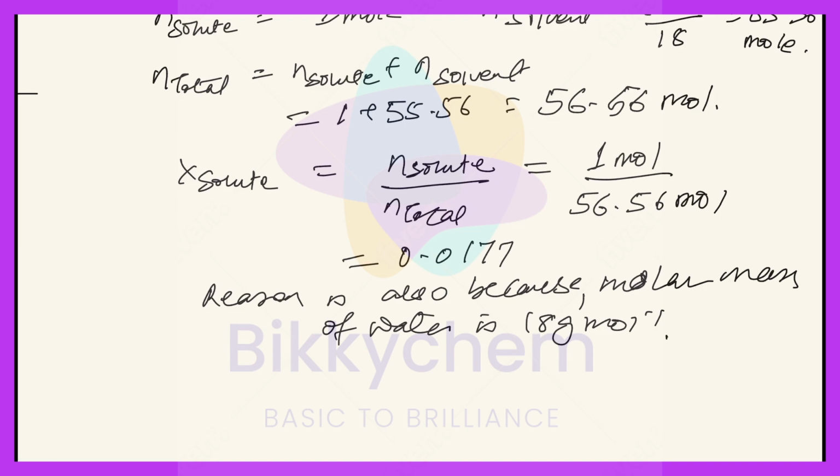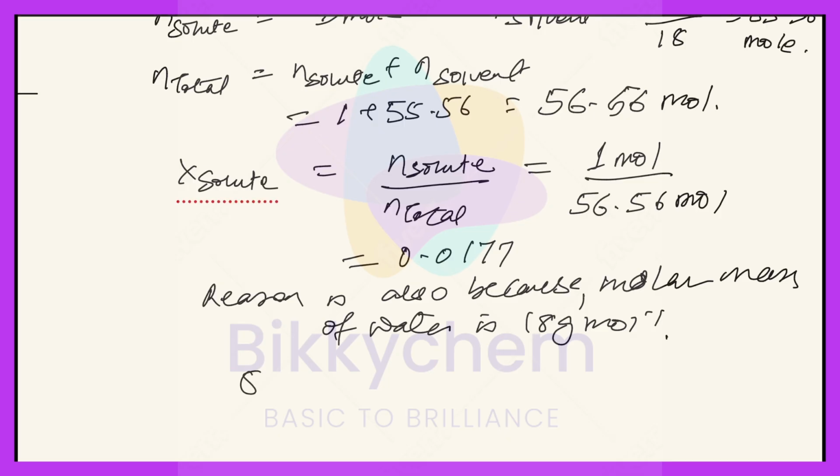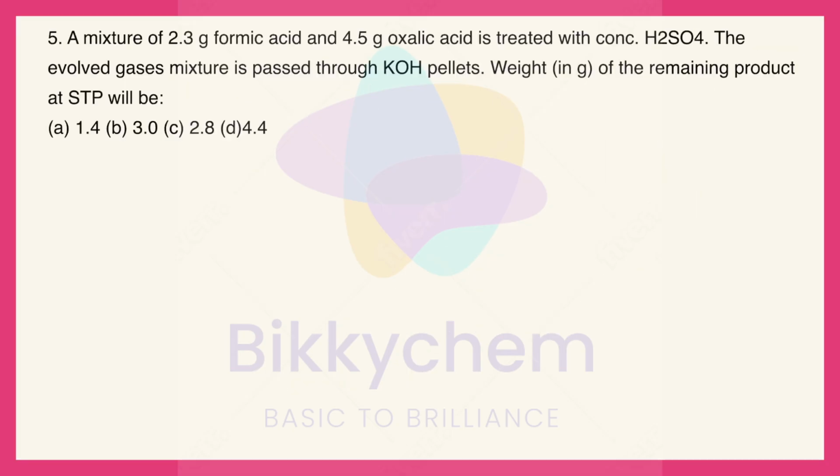It only says that the molar mass of water is 18 gram per mole, so the option will be A, that is, both A and R are correct, but R is not the correct explanation of A. Okay, dear student, let's do the next question.